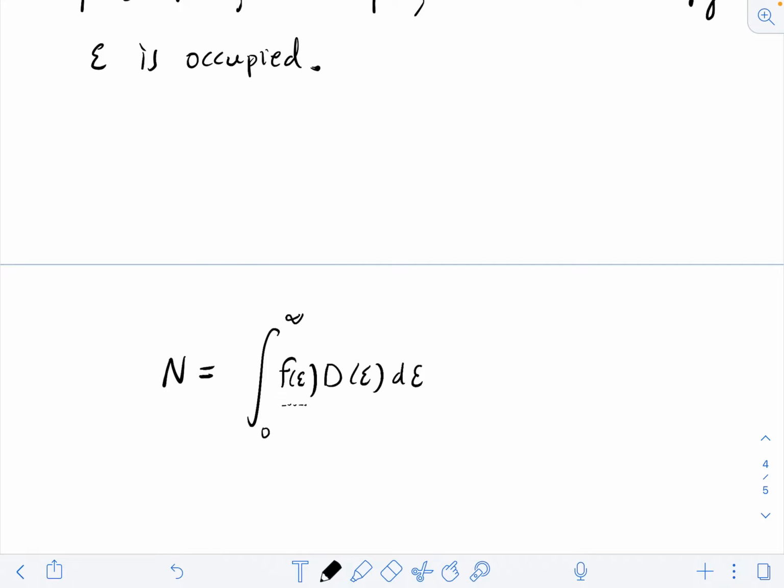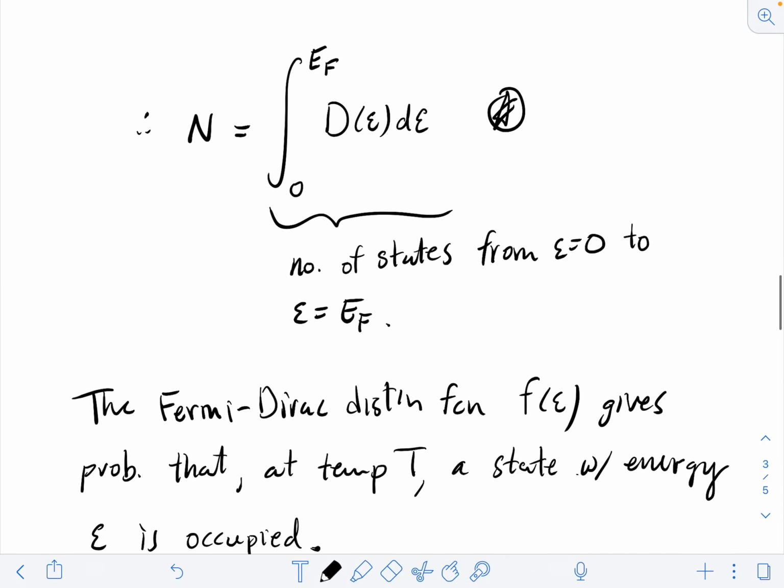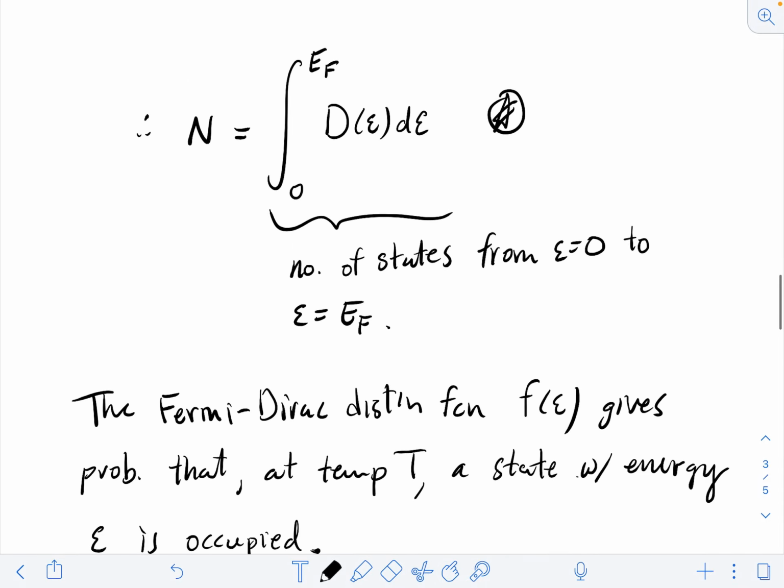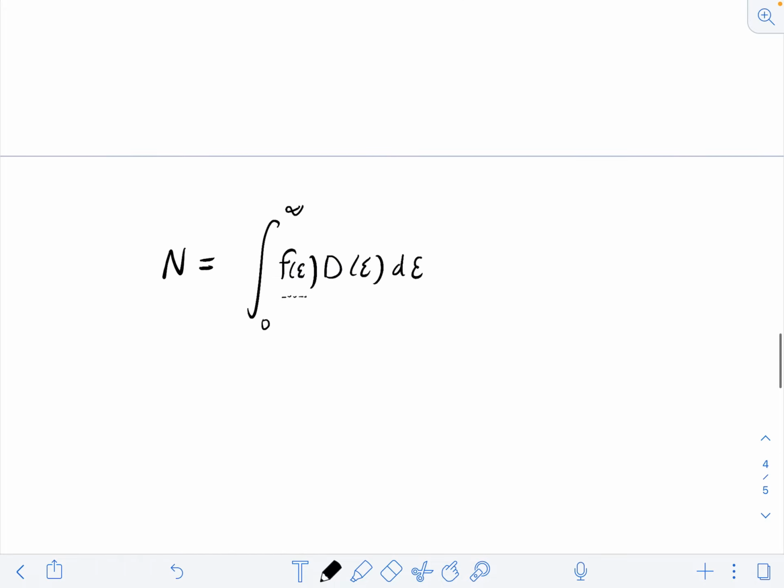And so this calculation is exactly equivalent to equation star, because we just have a factor that's either equal to 1 or 0, at least in the t equals 0 limit.